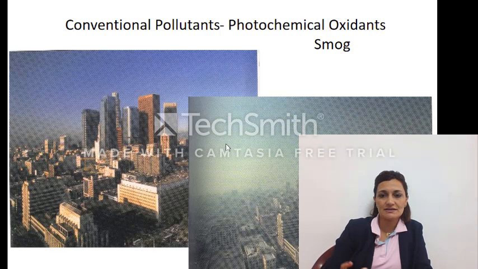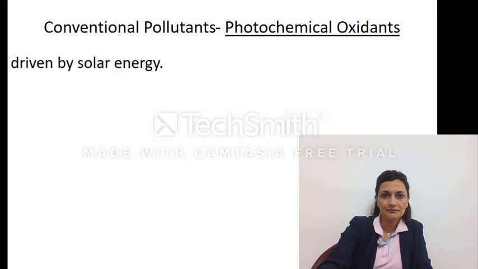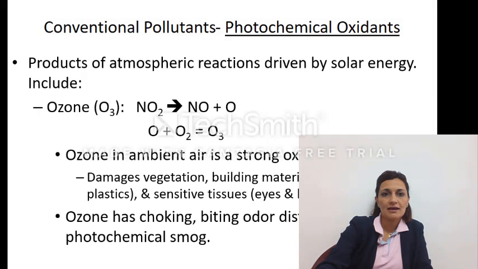Here we see an example of photochemical smog above countries. Usually it is stuck above cities where we have industries and high sources of pollution emission. Another product of photochemical oxidant that can be present is O3. We said O3, ozone, is present in the stratosphere. However, if it is present in the first layer, the troposphere, then it is considered a photochemical oxidant.